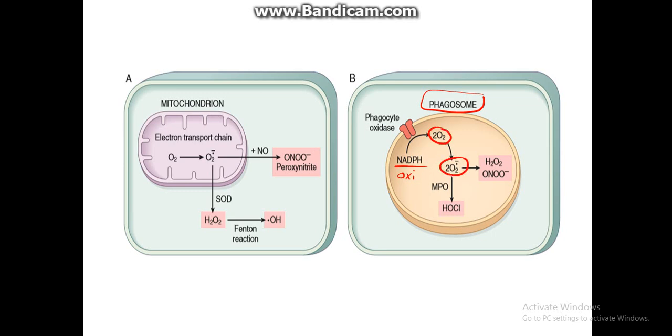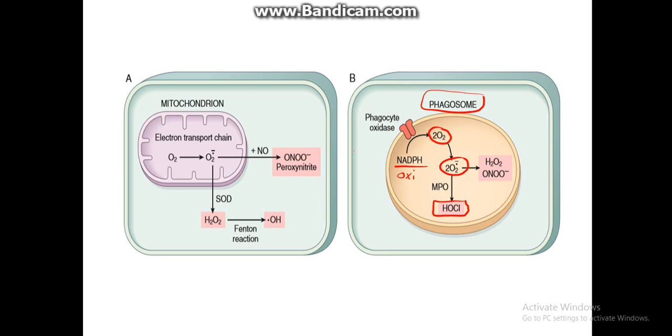And then the superoxide, by the myeloperoxidase enzyme, will turn into hypochlorite. And it will bleach the microbes via the formation of hypochlorite, by turning the oxygen into superoxide and the superoxide into hypochlorite. This is a defense mechanism that leukocytes use in order to bleach out or kill microbes.